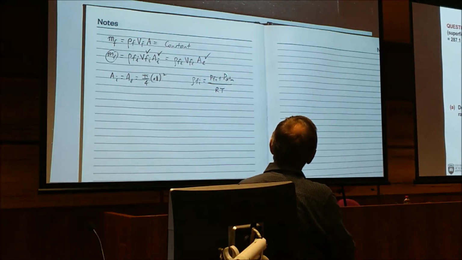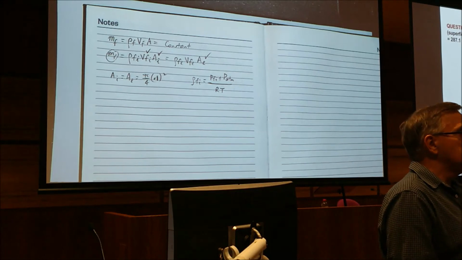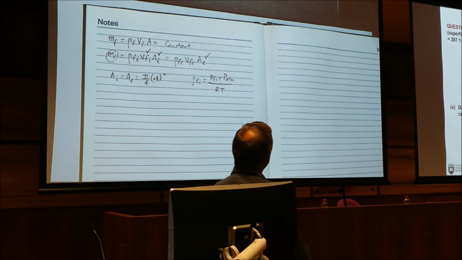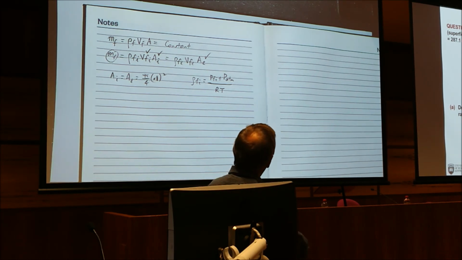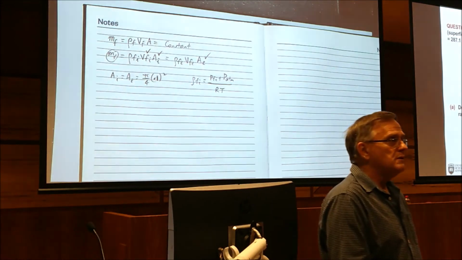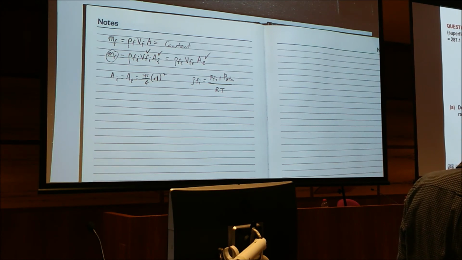So this numerator is 151,000 pascals absolute pressure. 151,000 divided by 287.1, and capital T is 20 degrees plus 273.15.